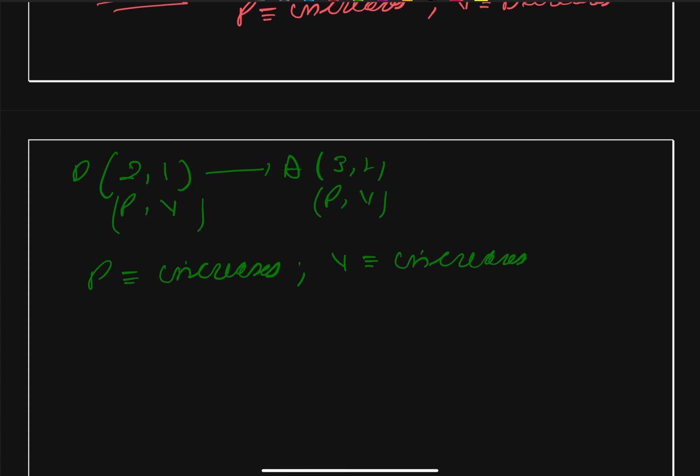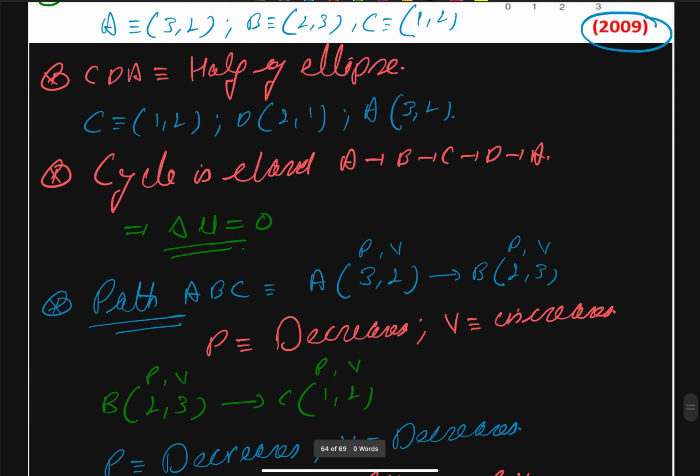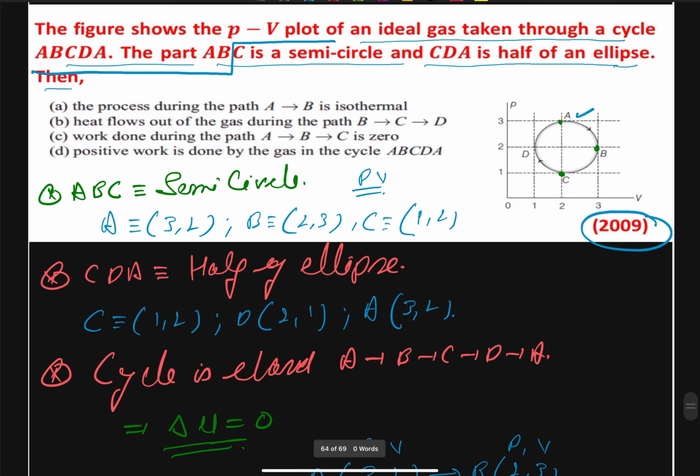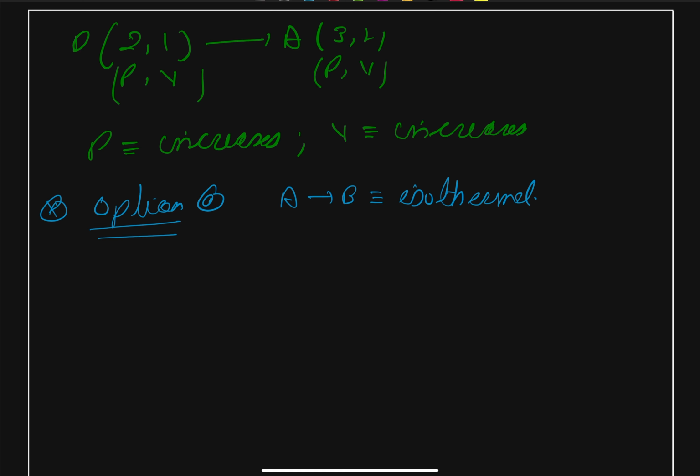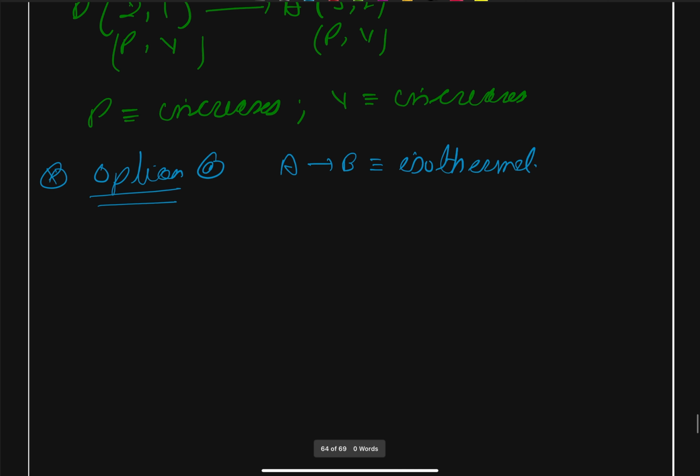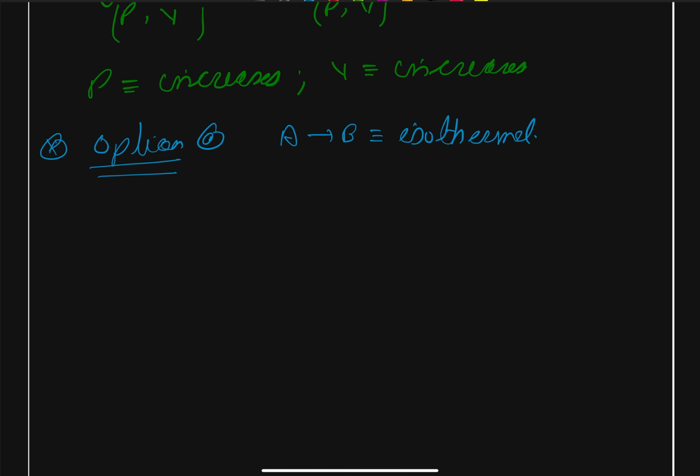So let's evaluate. The first option says that path AB is isothermal, from A to B. Now if we assume that this is isothermal, then for an isothermal process PV is equal to constant.